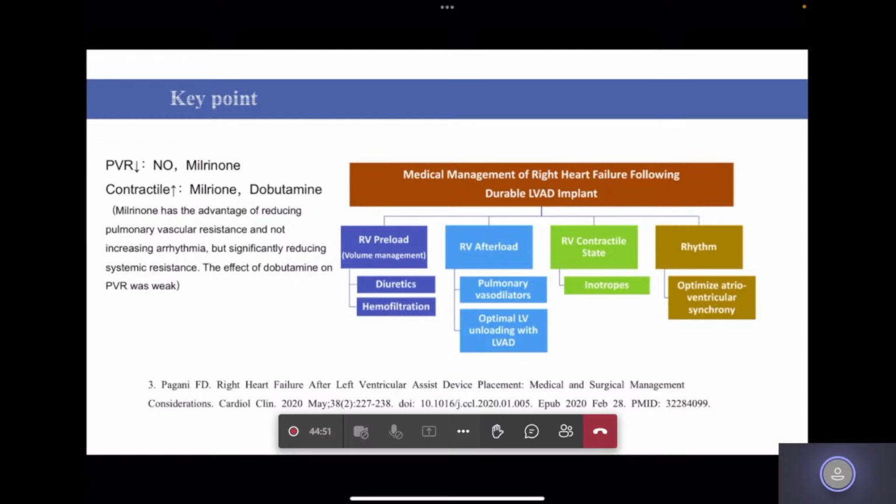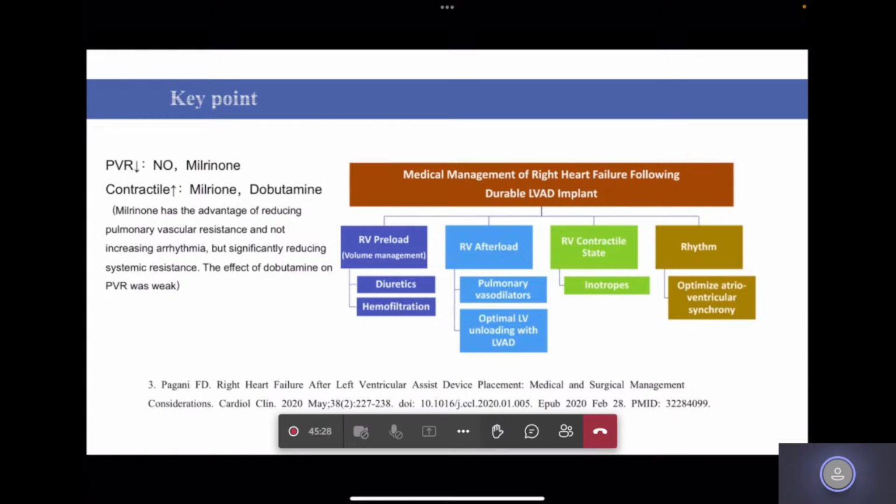To achieve that goal, we need the help of several drugs, as we can see from this chart. If we need to lower the right ventricular preload, we can use diuretics or hemofiltration. And if we need to lower the right ventricular afterload, we can use pulmonary vasodilators, such as milrinone and NO, to reduce the pulmonary vascular resistance.